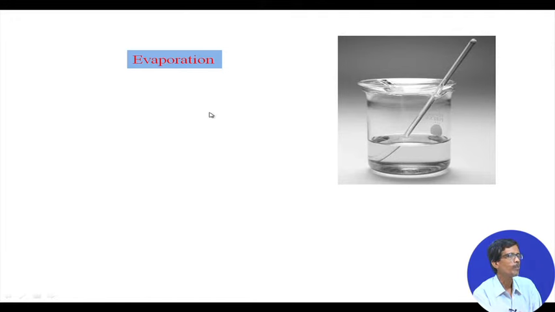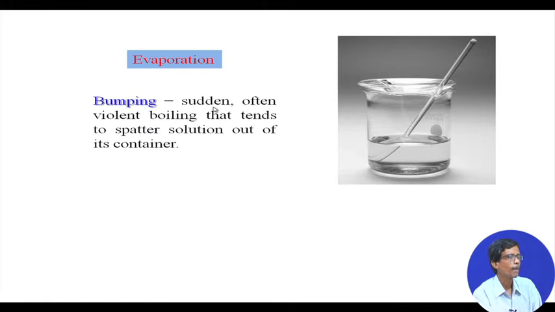So, the rate of evaporation is being reduced, but one difficult thing can happen at this point, since the solution is getting concentrated. When we are handling a concentrated solution, local heating can take place, and if there is sudden and violent boiling that tends to spatter solution out of the container, that is known as bumping.